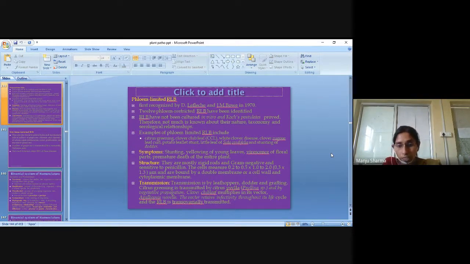The vector retains infectivity throughout its life cycle, and the RLB is transovarially transmitted.